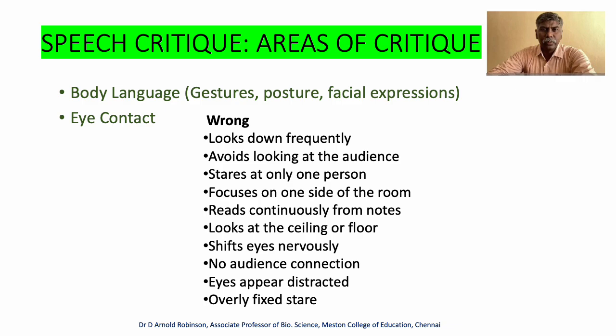No audience connection is observed. So eyes appear distracted. So a lot of things are there when we fail to maintain proper eye contact. Our audience engagement and involvement in the presentation will not be perfect. So we have to allow others to critique our eye contact.